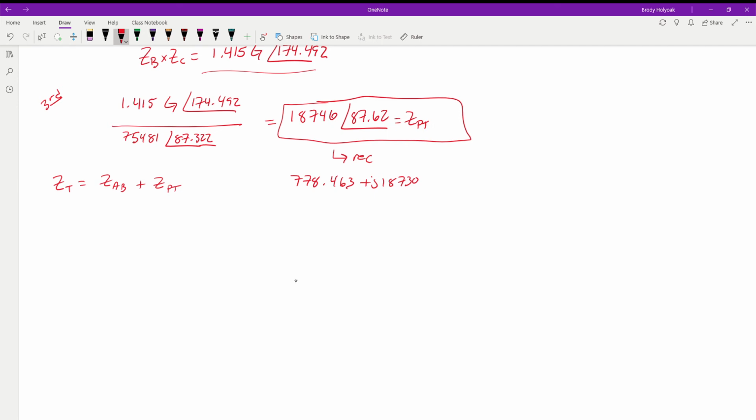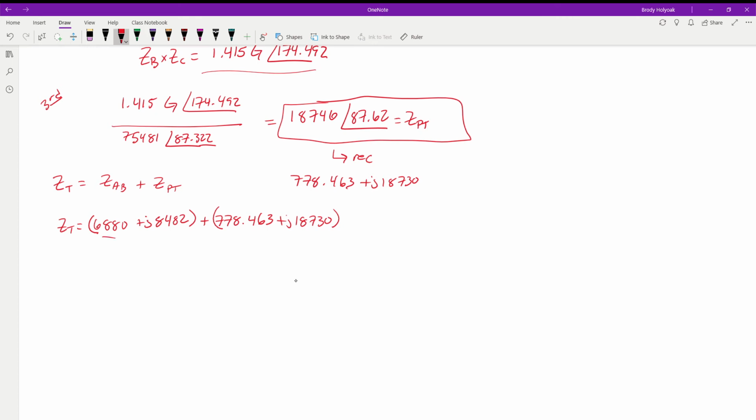So now when we come back down here, our Z total is going to be equal to the 6880, which is the value we got from AB, plus J of 8482, plus this value we just solved for, the 778.463, plus J of 18,730.